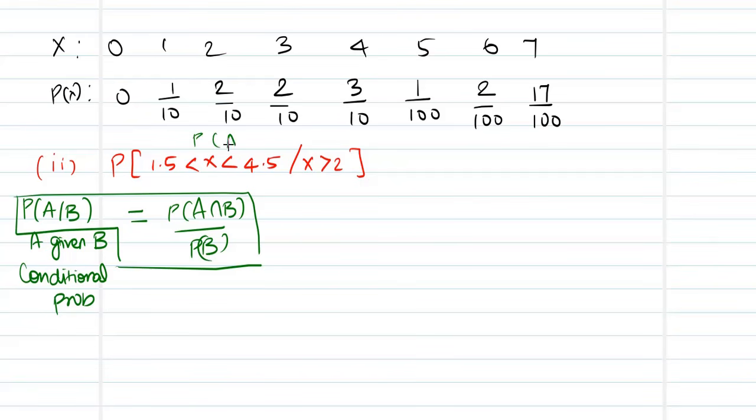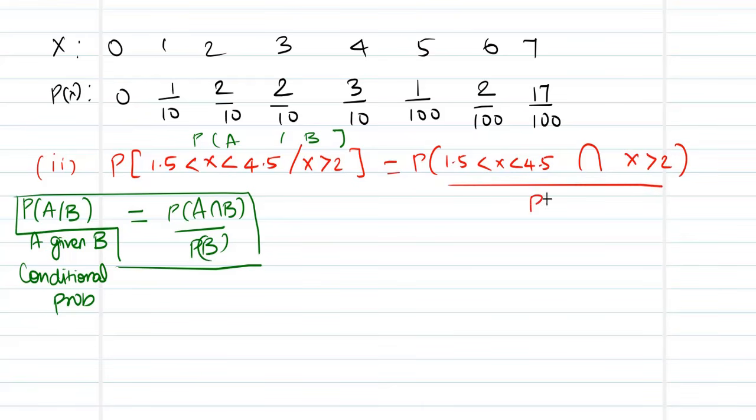Probability of A condition B can be rewritten as probability of 1.5 less than x less than 4.5, that is A, intersection x greater than 2, that is B, divided by probability of B, which is x greater than 2.